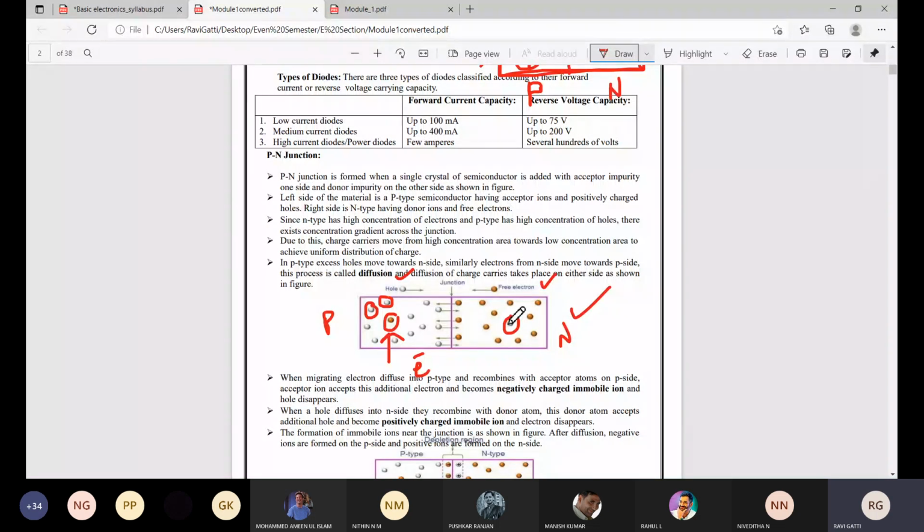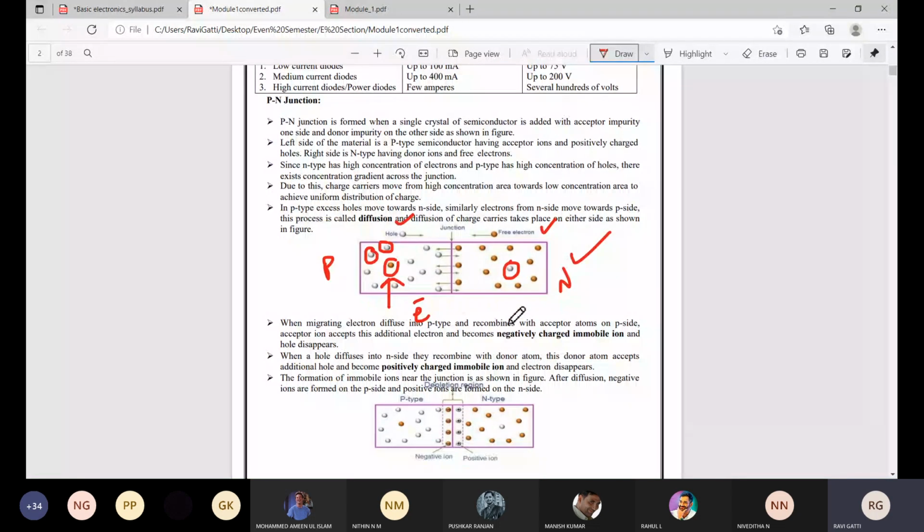Now, when you sandwich or create such a type of material, the positively charged holes will be attracted to the donor elements over here in the junction where the p and n materials combine.